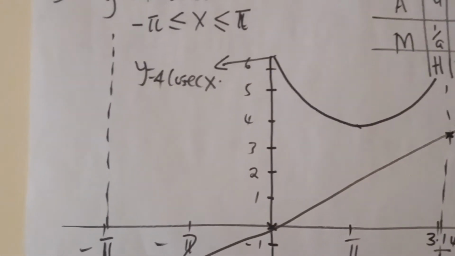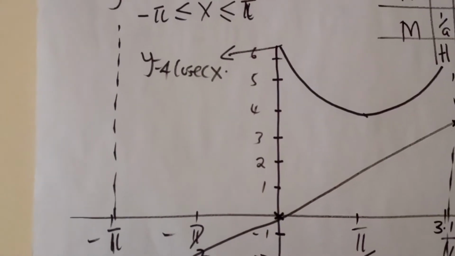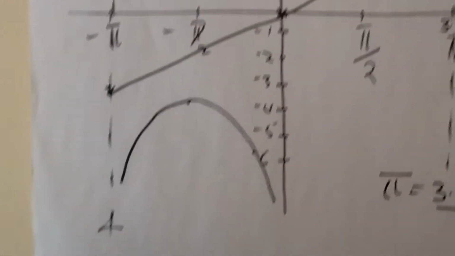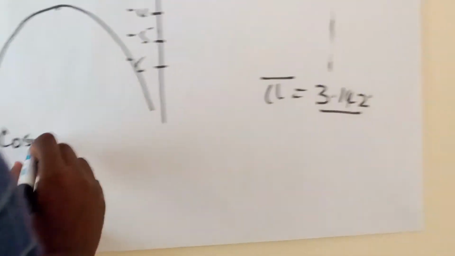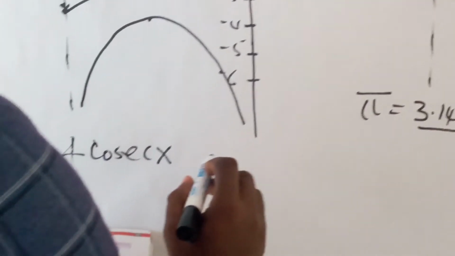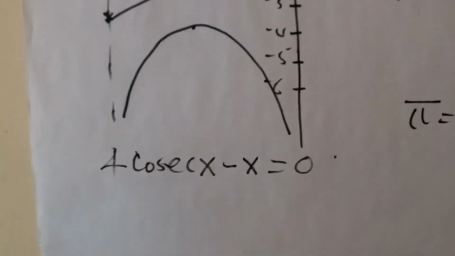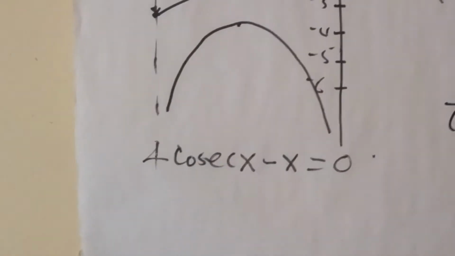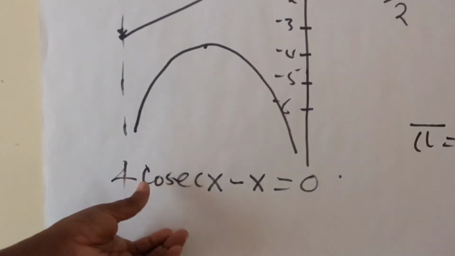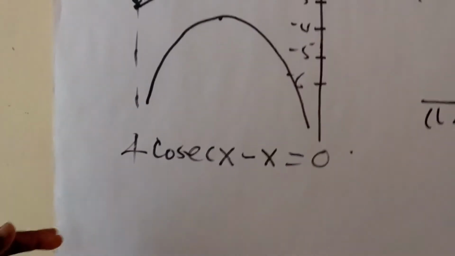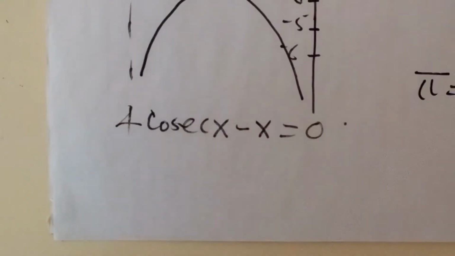Now, part C of the question. State the number of solutions to the equation 4 cosec x minus x is equals to 0. To start with, this was the value of y here. And this was the value of y when we are dealing with y is equals to x. So in other words, we must be talking about the points of intersection.